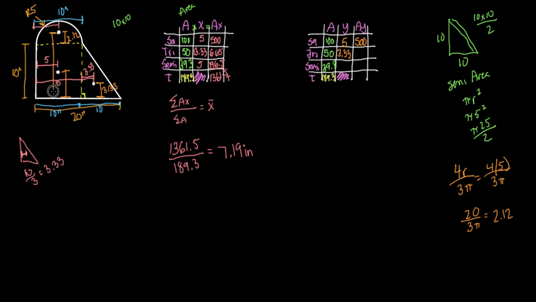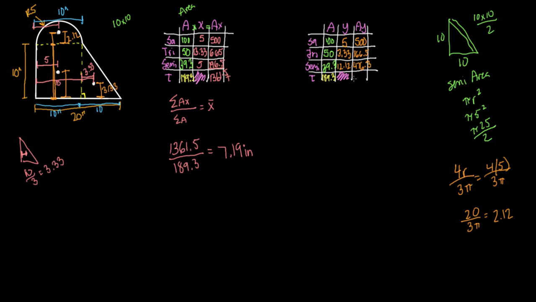That is not the distance we need. We need the distance from here all the way down to here. So we know from here to here is 10. So 10 plus 2.12 is going to be 12.12. And we can do a little multiplication, 166.5, which is the 3.33 times 50, and 12.12 times 39.3, 476.3.